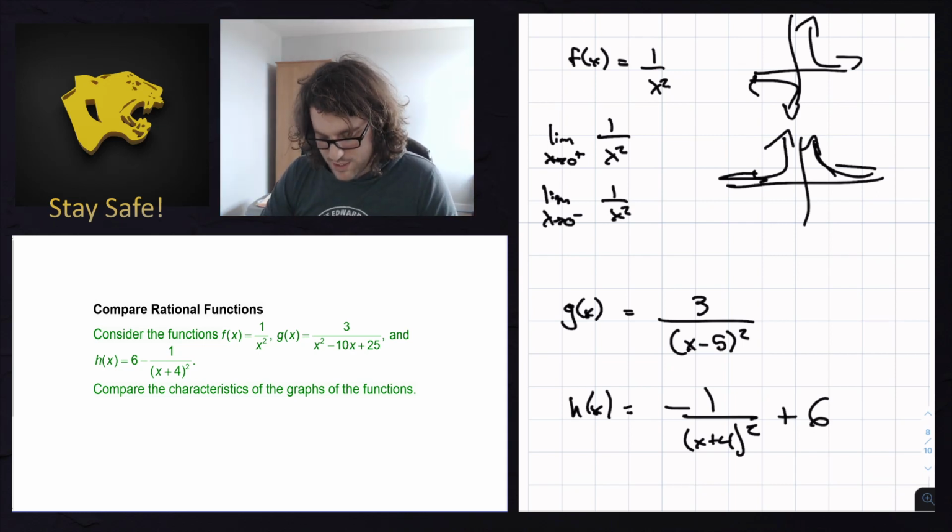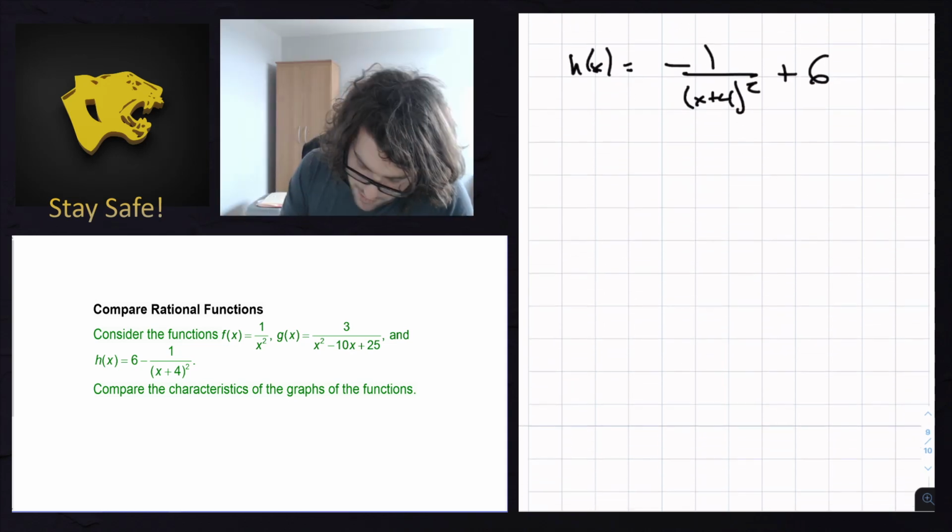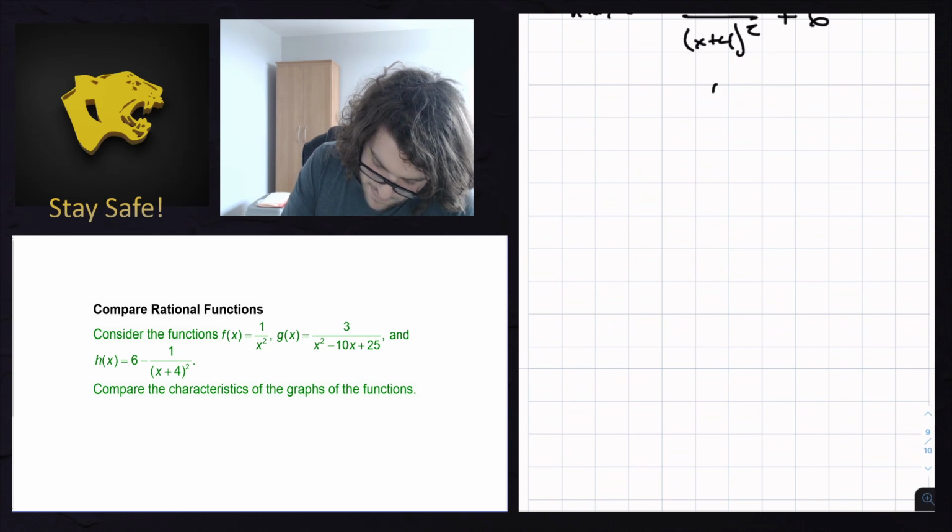So this is a vertical flip, and then you shift this 4 units to the left and 6 units up.